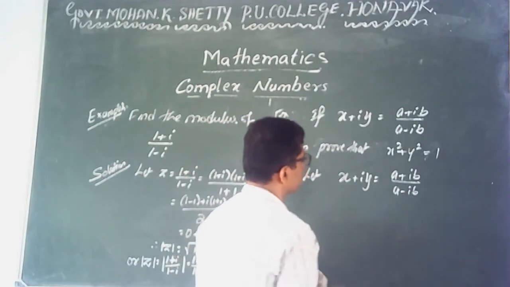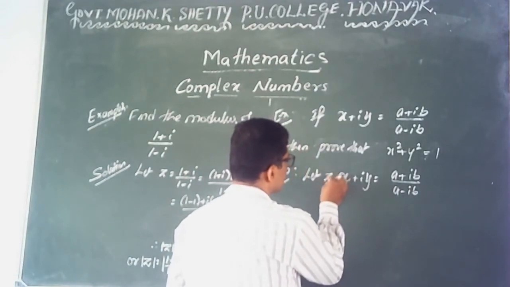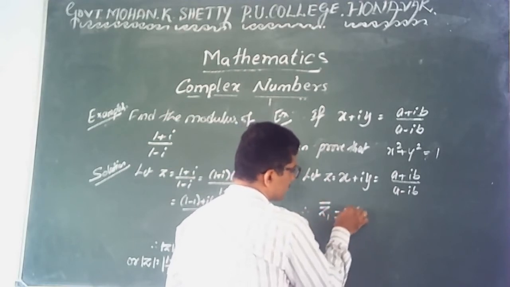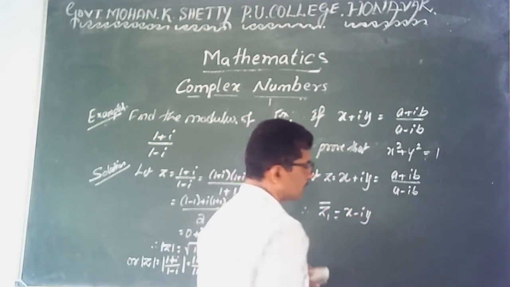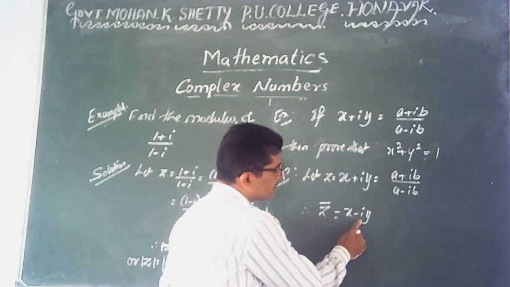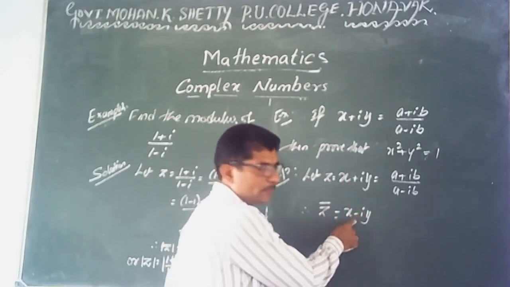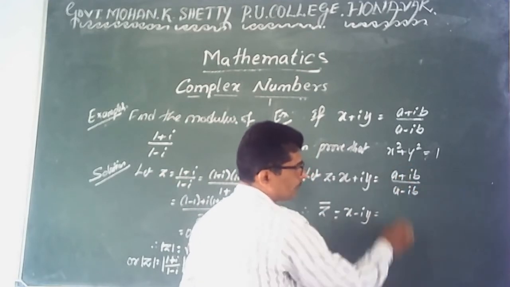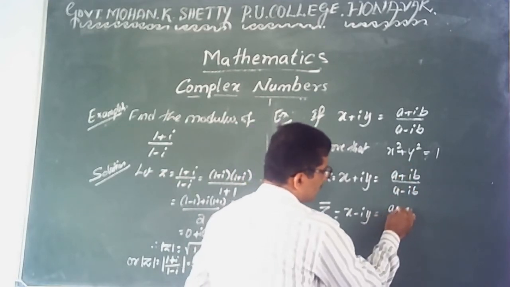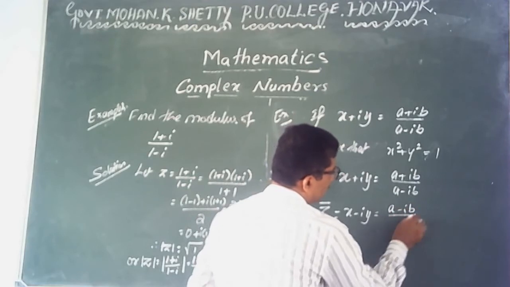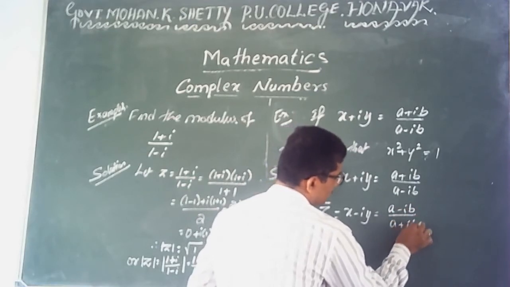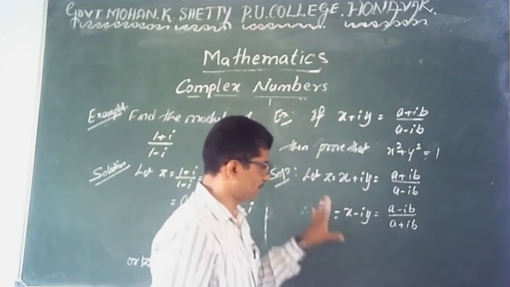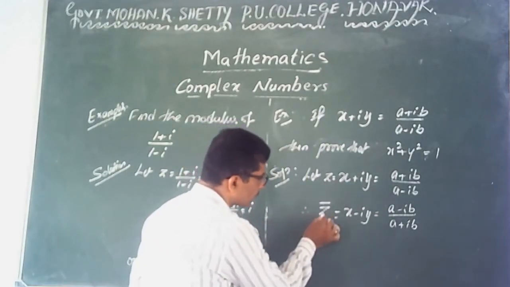Therefore, you write z bar, means just change the sign of the imaginary part. Its value is x minus iy. This value is also the quotient of conjugates: a minus ib divided by a plus ib. Then you get the product of these two.